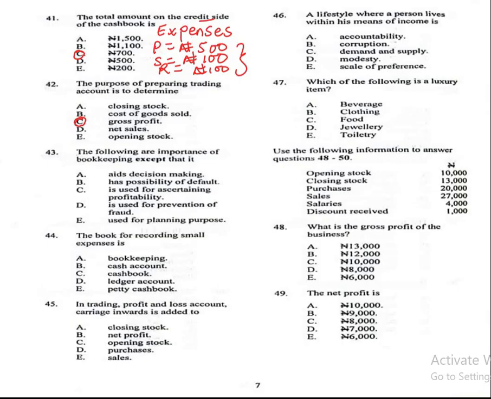The following are importance of bookkeeping except that it A. aids decision making, B. has possibility of default, C. is used for ascertaining profitability, D. is used for prevention of fraud, E. is used for planning purposes. The correct answer is B. Question 44.